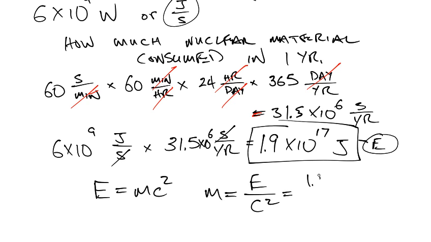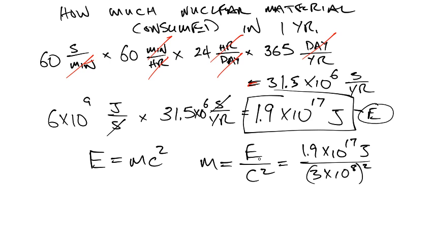And so if we plug our values in, we're going to get 3 times 10 to the power of 8 squared, of course. And voila, we get an answer of 2.1 kilograms.